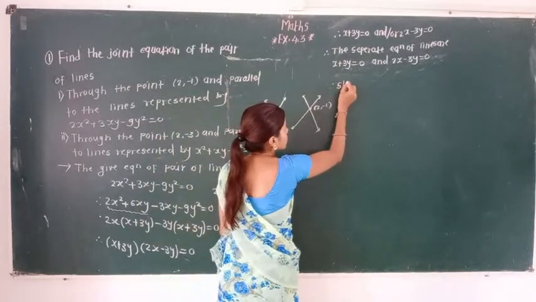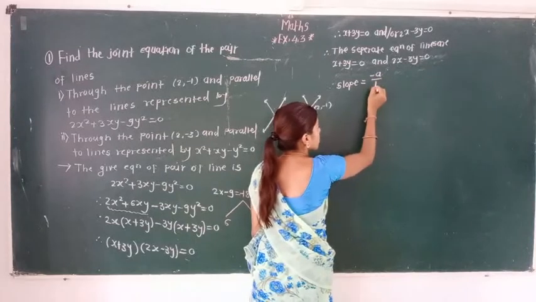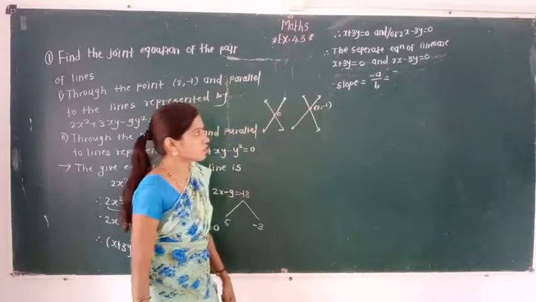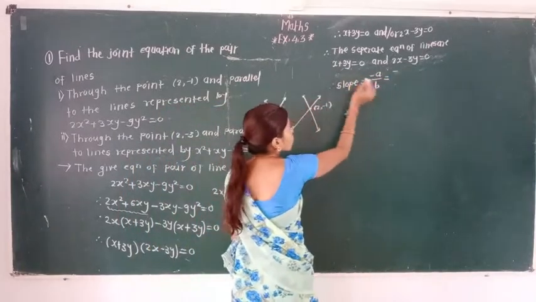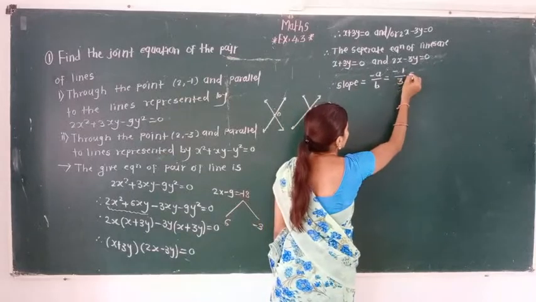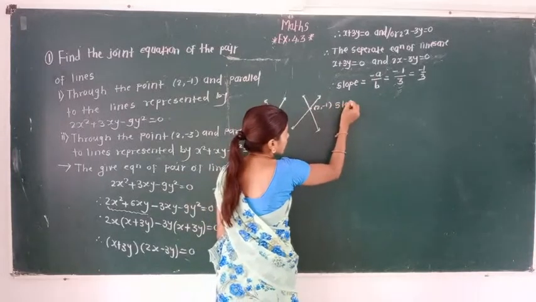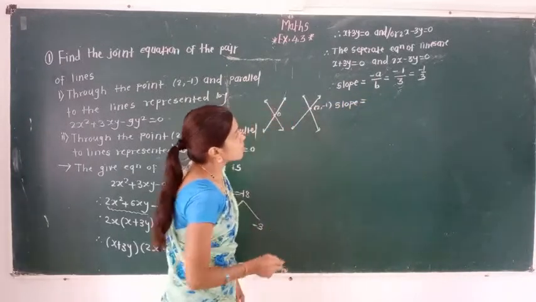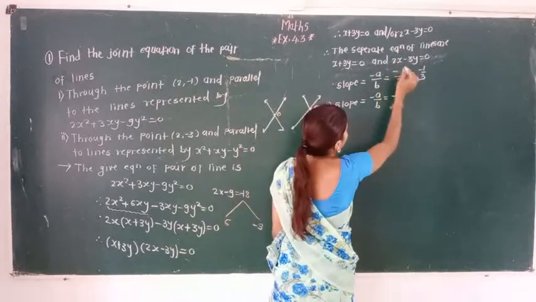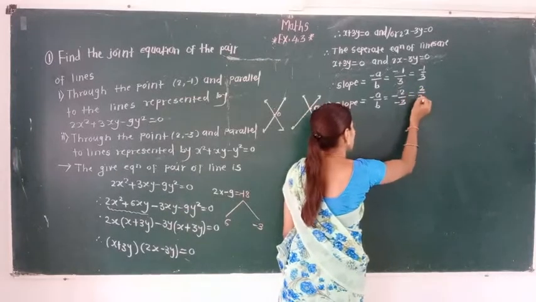Therefore the slope of the first line: we know that the slope of a line is -a/b. Substituting the values, a is 1 and b is 3, so the slope of the first line is -1/3. The slope of the second line is also -a/b, with a as 2 and b as -3, so the slope of the second line is 2/3.